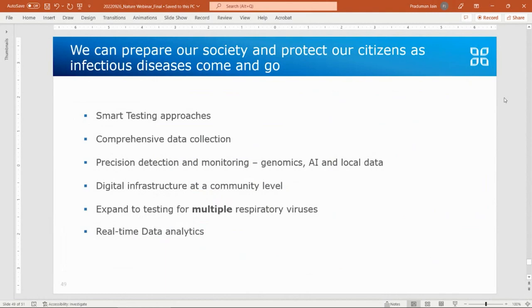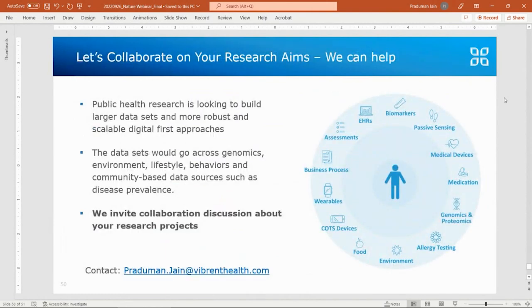Also, we talked about detection using some of the AI approaches that the NIH RADx program promoted and funded. All of that then starts to form a digital infrastructure for testing for multiple respiratory viruses as new infections and new pandemics come and go.